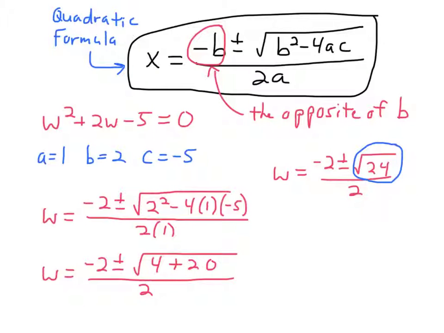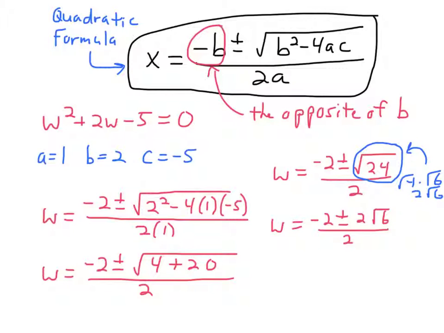And the square root of 4 is just 2, so it would be 2 times square root of 6. So that's what we're going to do, we're always going to simplify that square root if the number underneath it is divisible by a perfect square. If it's not, then there's nothing you can really do. So in this case, we'll have negative 2 plus or minus 2 square root of 6 all over 2.